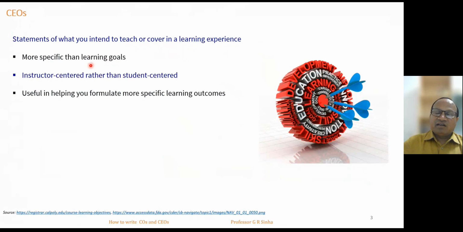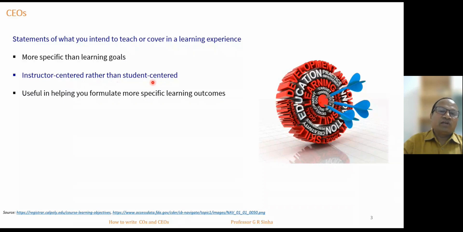Objectives are more specific than learning goals, and instructor centric rather than student centric, because mostly the objectives of the course are articulated by the teacher, by the faculty, by the instructor. How much those objectives are attained depends on the students' outcome.